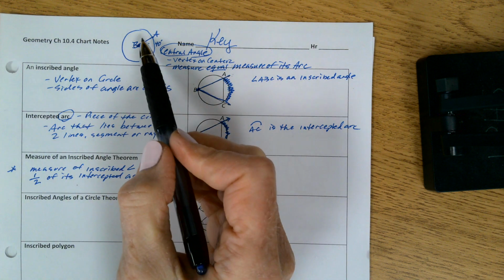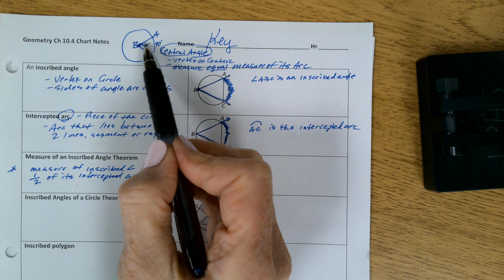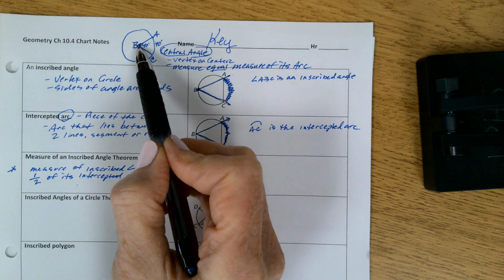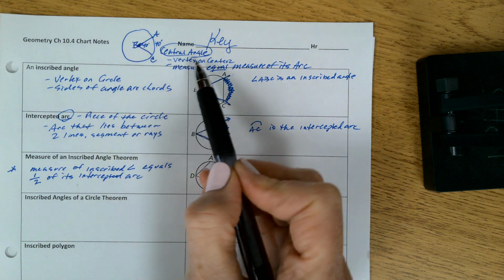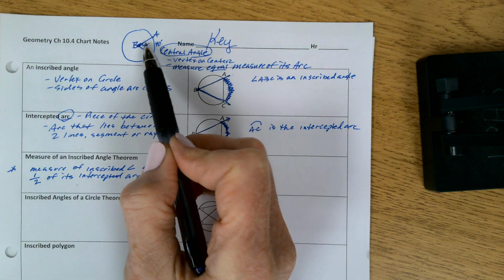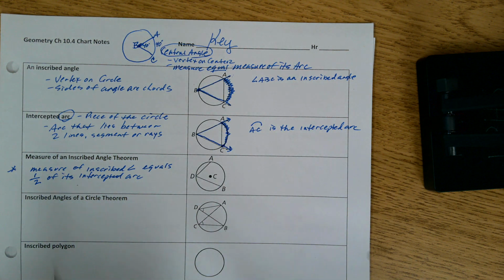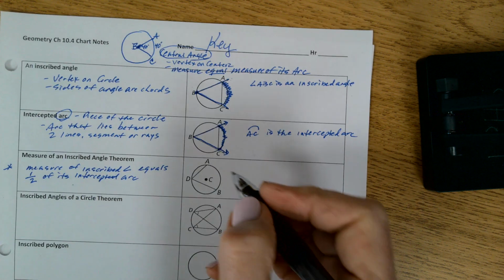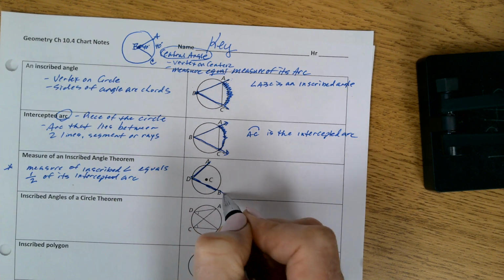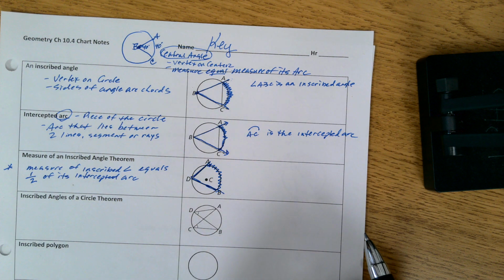So on this, a central angle, arc, and angle are the same. Central angle, vertex at center, and the measure equals the arc measure. On an inscribed angle, this inscribed angle here is 1/2 of its intercepted arc.